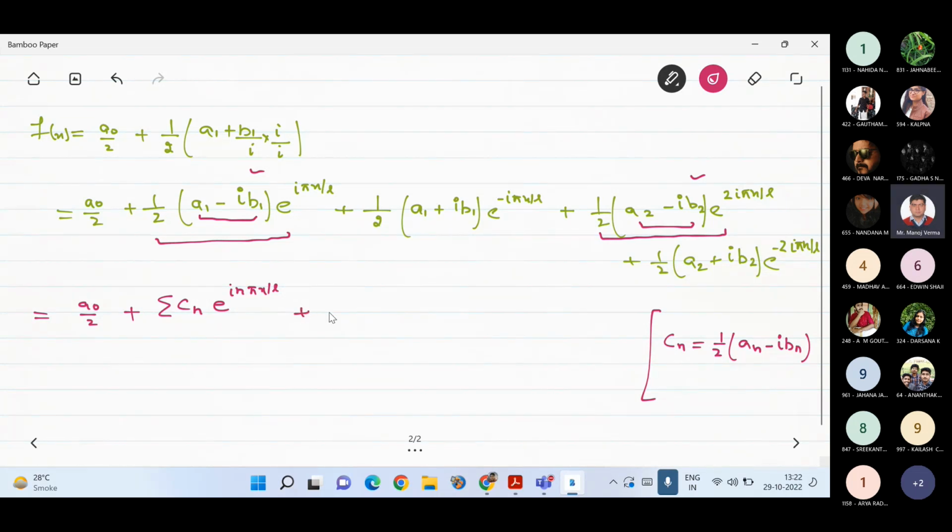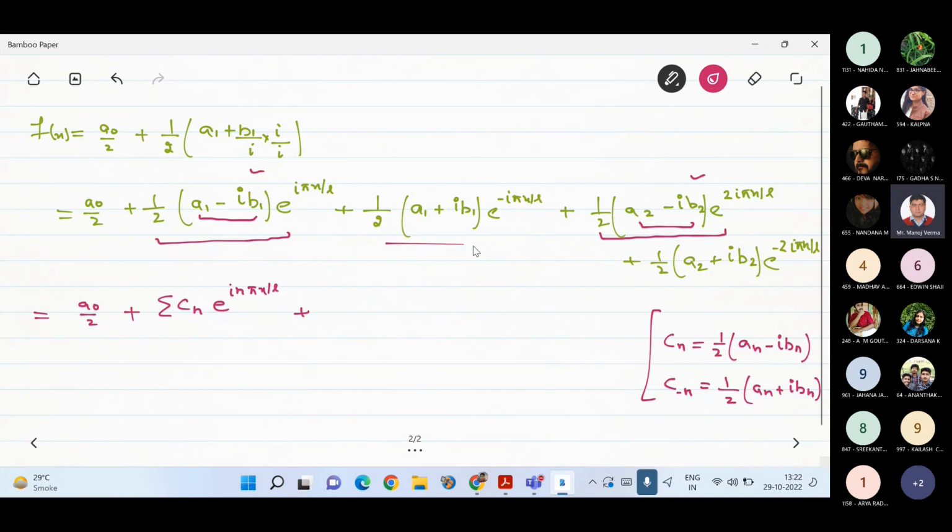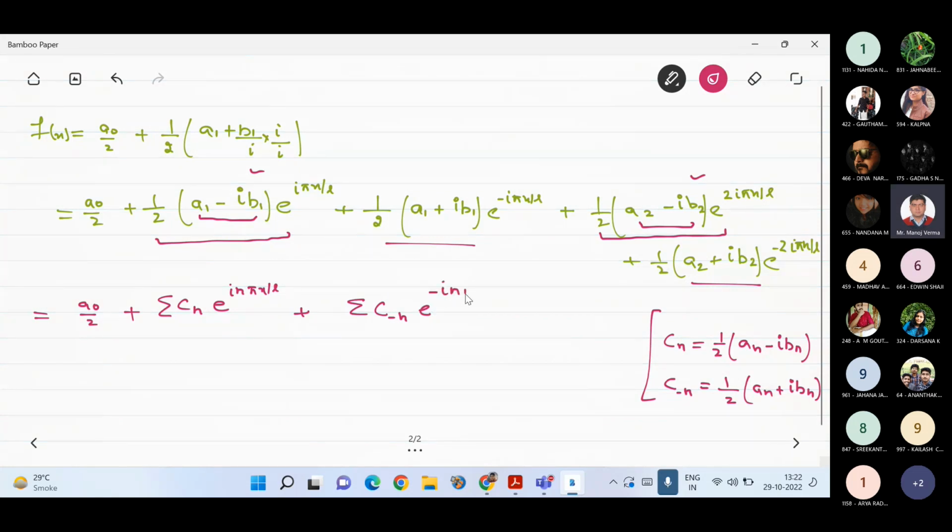And I'm also defining a Fourier coefficient, which is c minus n, equal to half of an plus iota bn. So all these terms will be combined in a summation c minus n e raised to the power minus iota n pi x by L, right?